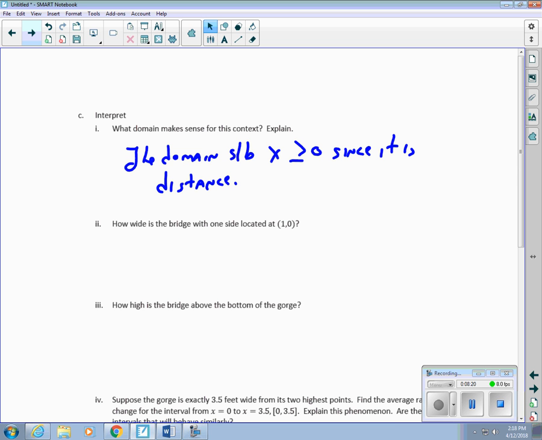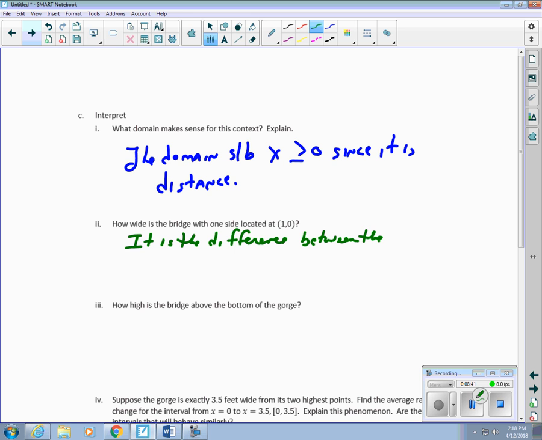How wide is the bridge with one side located at (1, 0)? It is the difference between the x-coordinates of the x-intercepts.